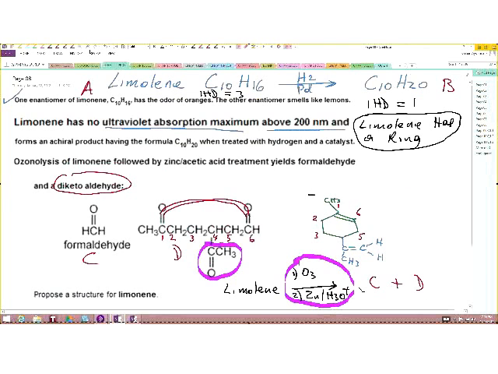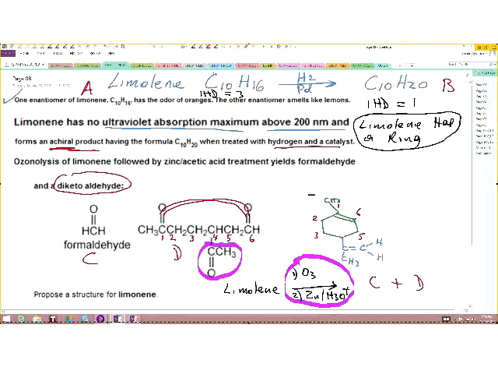Now we see, if everything we are saying is correct, this is limonene. Now, let us see whether this is correct. They say this compound forms an achiral product when you treat it with hydrogen and catalyst.